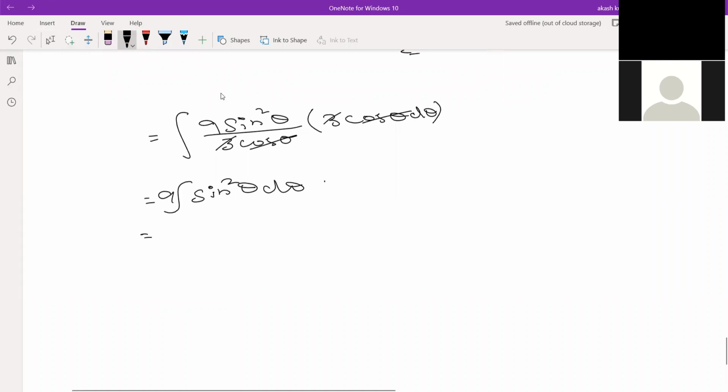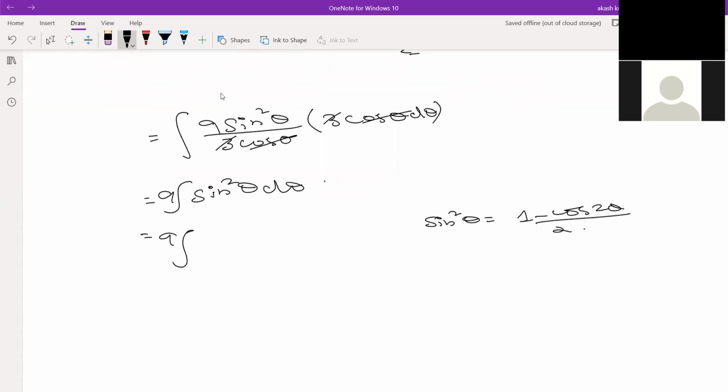Okay, now here comes the integration part where I have to integrate sine squared theta. I know that direct integration of sine squared theta is not possible, but we know an identity, the half angle identity, which is sine squared theta equals 1 minus cos 2 theta over 2.